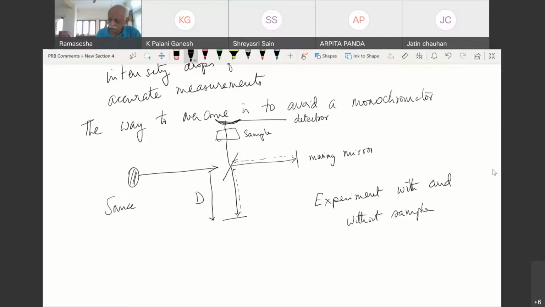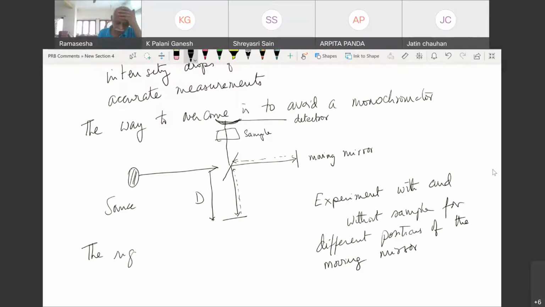What you are going to get as a signal is a difference in intensity with the sample and without the sample, also polychromatic. The signal you get is intensity as a function of time, where time is the position of the mirror.